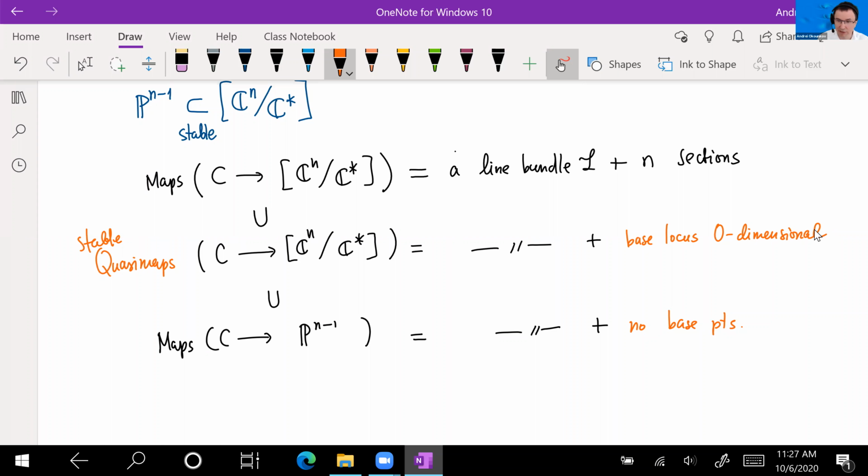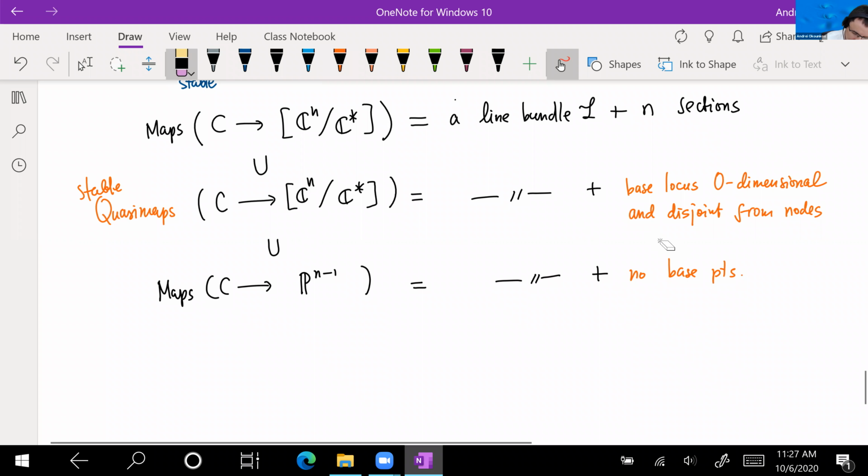And also, since I eventually want to think about nodal curves, the base points should be disjoint from nodes and marked points of the curve.